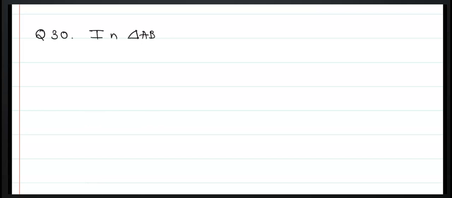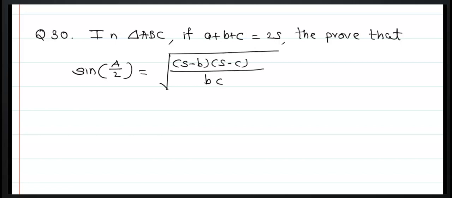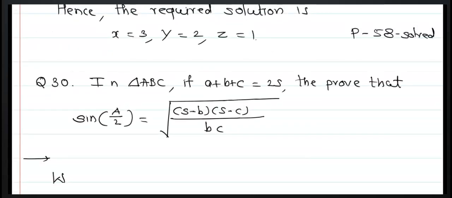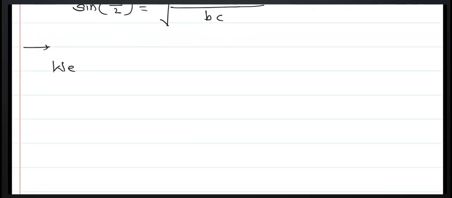That is question number 30. In triangle ABC, a + b + c = 2s. Then prove that sin(A/2) = square root of (s - b)(s - c) upon bc. It's page number 86, solved theory.